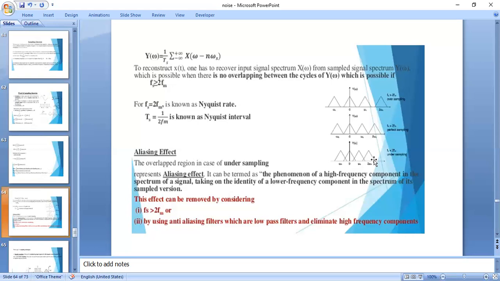So you go through flat top sampling. In flat top sampling we have the aperture effect. To minimize that, you have to use a reconstruction filter along with the equalizer. So these are the classifications, and this is all about the analog pulse modulation introduction.